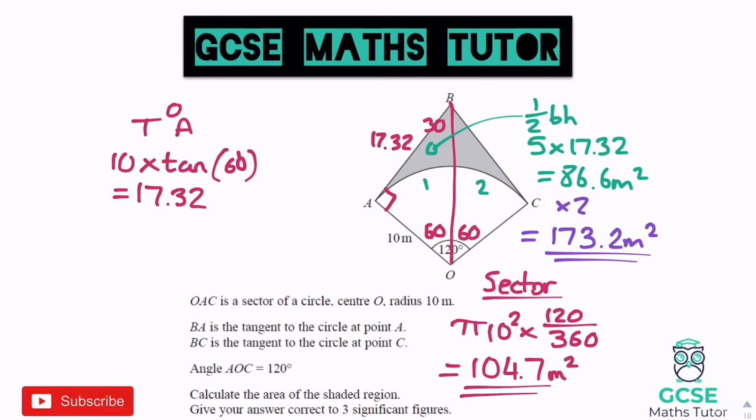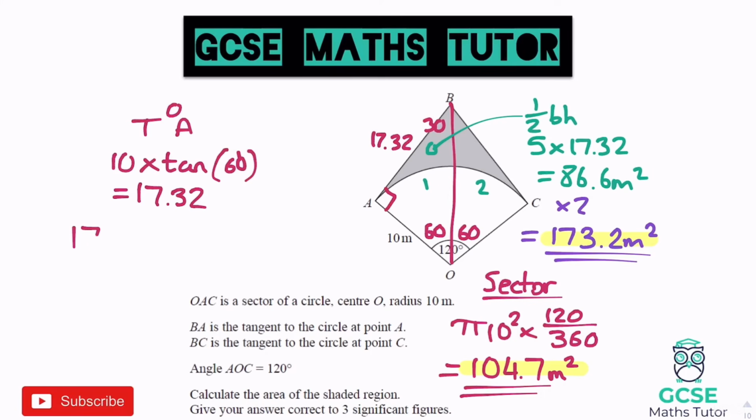Right, so to finish this off, obviously we've got the area of the whole shape, 173.2, which we've found by doing 2 right-angled triangles, getting the area of one and doubling it. Now we've got the area of the sector down here, which is the unshaded part in this particular question. So to get the area of the shaded part, we need to take them away from each other.